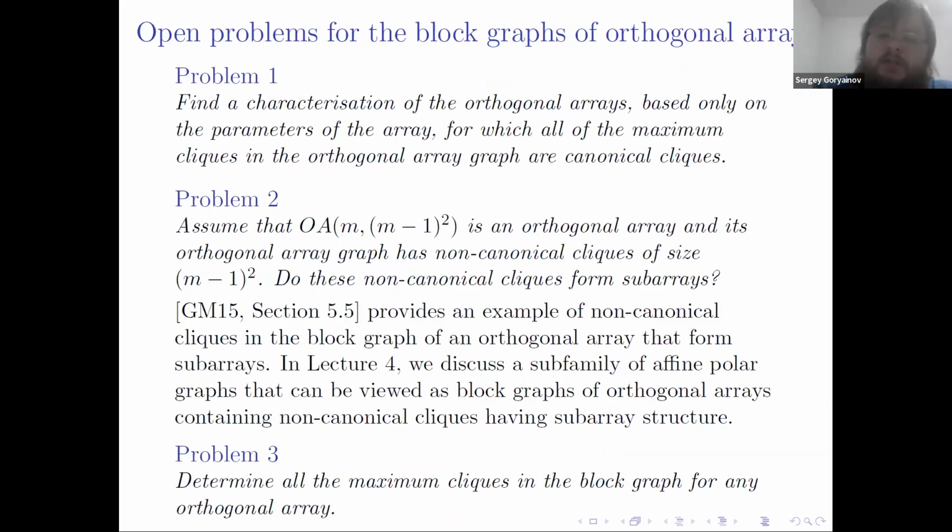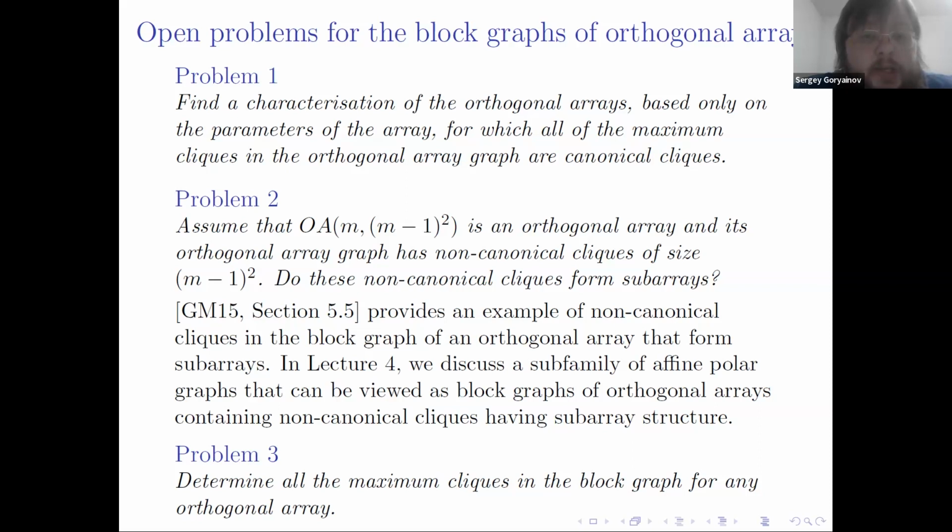Let us formulate some open problems that appear in the book by Godsil and Meagher. Problem 1: find a characterization of the orthogonal arrays, based only on the parameters of the array, for which all the maximum cliques in the orthogonal array graph, that is, in the block graph of this array, are canonical cliques.